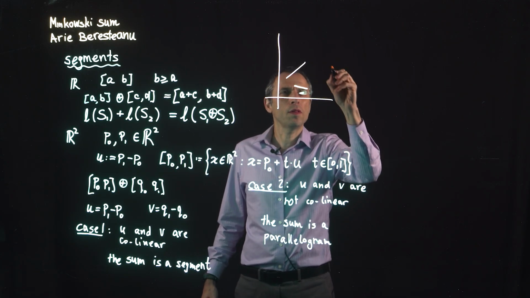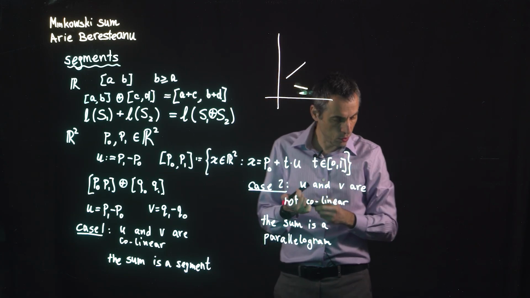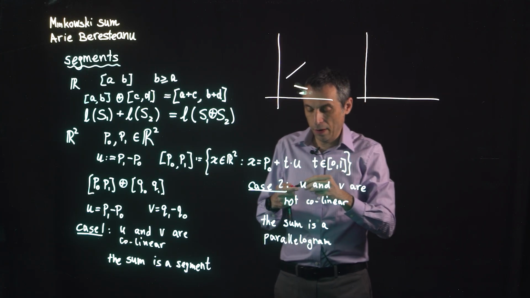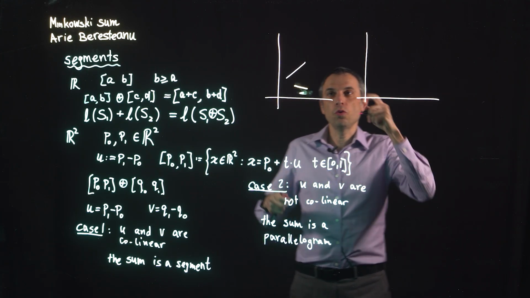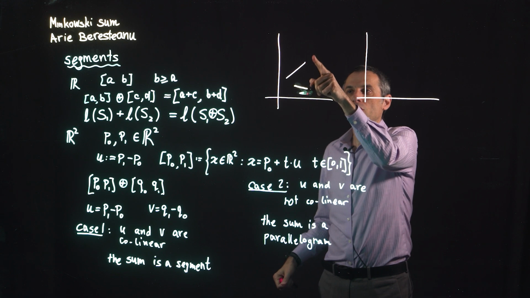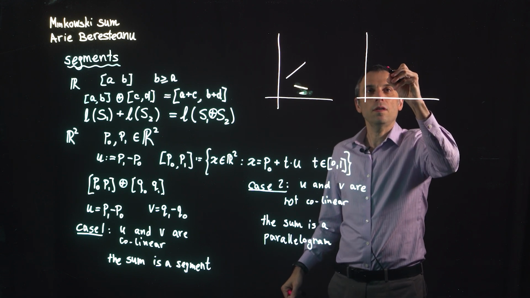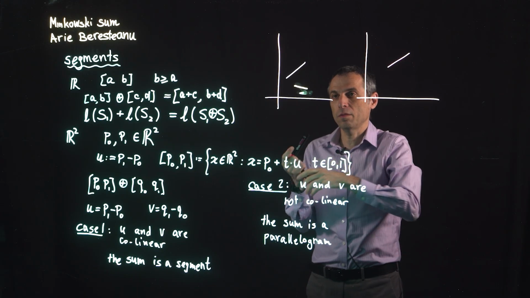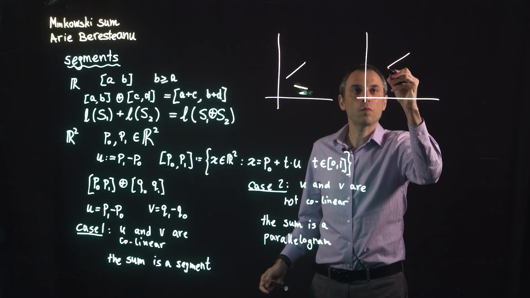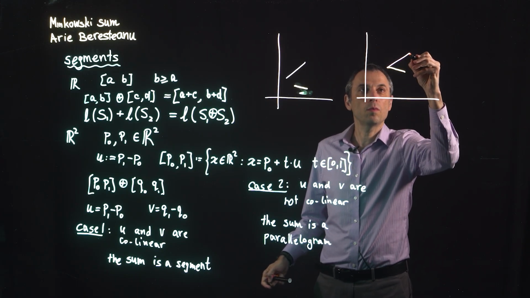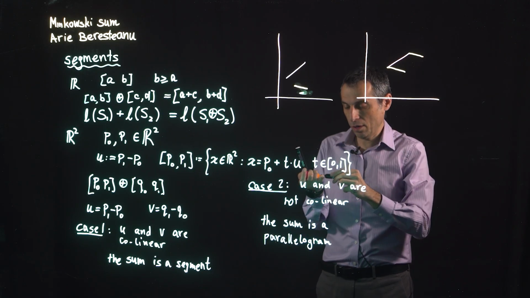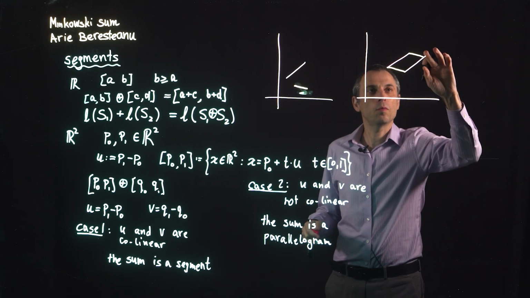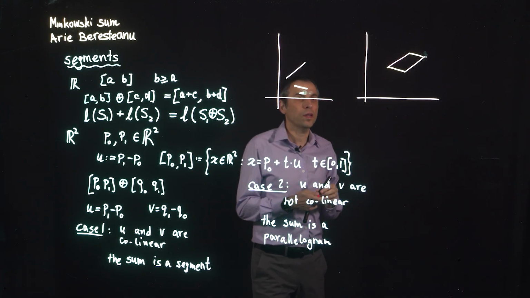What will result from the sum of these two, drawn on a different set of axes, will be a parallelogram with two sides parallel to this line, connected by sides which are parallel to the other. It will look something like this. That's just a picture, but it will be a parallelogram.